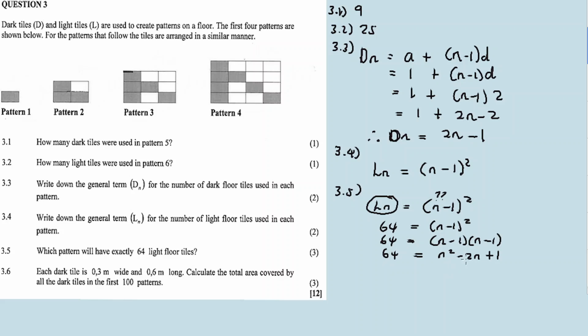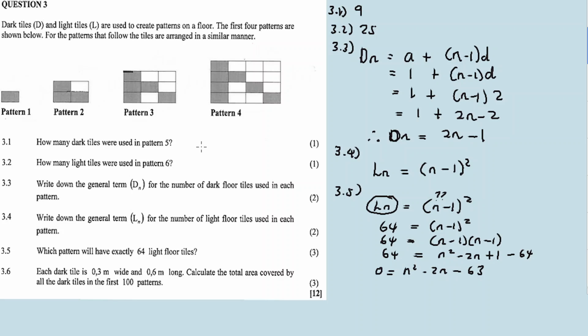And then this is a quadratic equation. You transpose the 64, you are left with 0, n squared minus 2n, and when 64 crosses over it becomes negative, so we get negative 63, since minus 64 plus 1 is negative 63, right? That is how we transpose the 64.